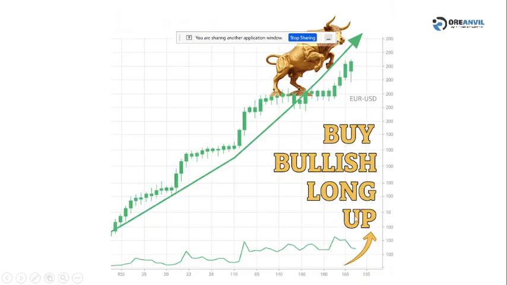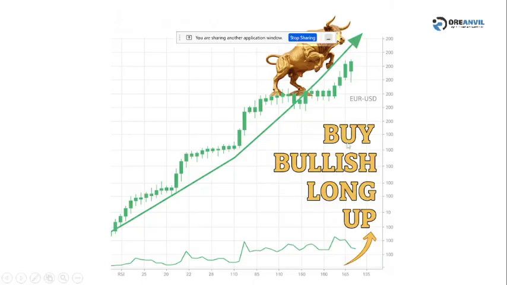When you expect a currency to rise, it's called being bullish. And when you open a buy, that buy you open is now a trade, and you can now call it long.